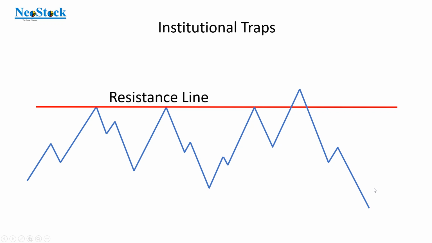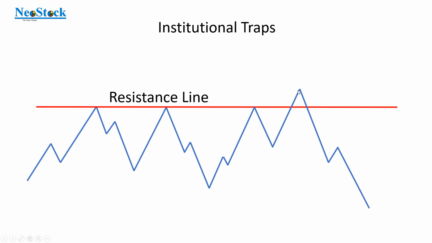Now all the breakout traders are trapped. I repeat, all the breakout traders are trapped. Why are they trapped? Because sometimes institutions will create the traps. Who are the breakout traders here? They are all called bulls.